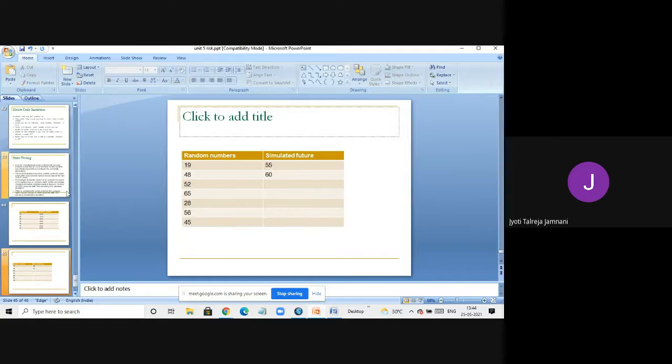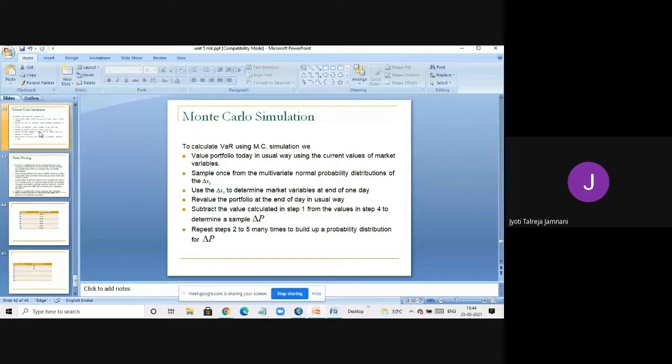Okay. Now let's see what is the theory of that Monte Carlo simulation. The first step is to value the portfolio today in the usual way using the current value of market variables. So whatever is the value today, you value it as it is. So suppose today the share price is 50 rupees. So that is the value of the share today. Second, sample once from the multivariate normal probability distribution of the delta xi.